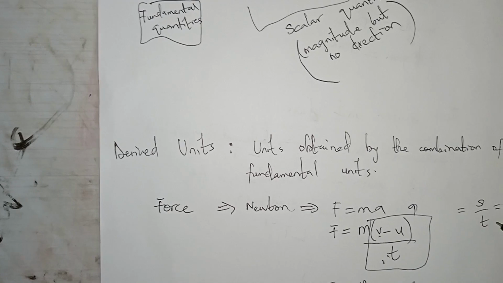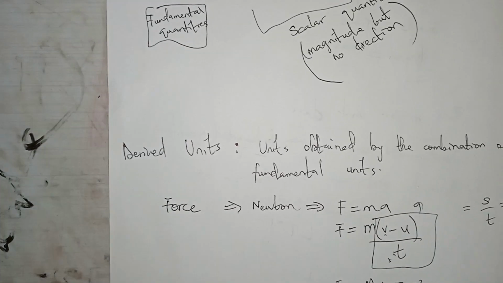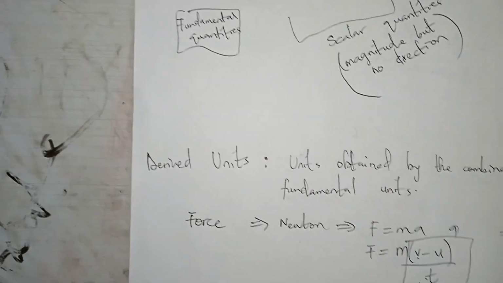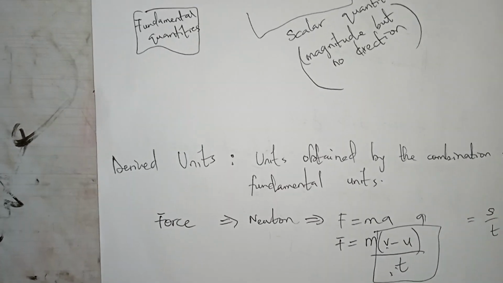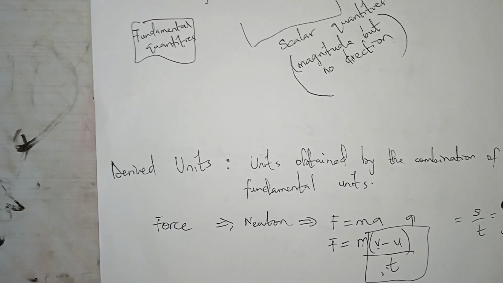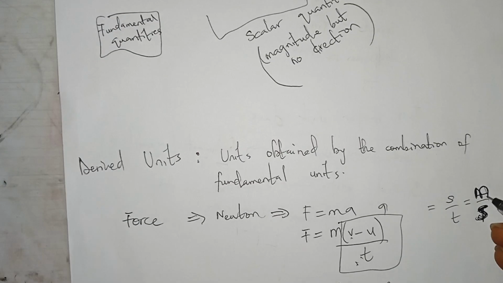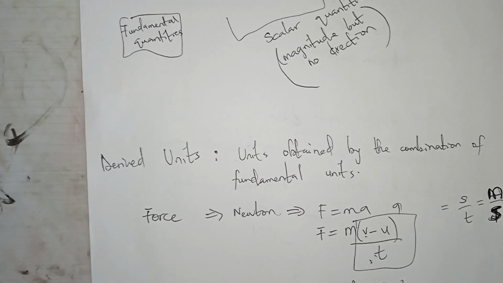But notice that whenever we are trying to get these units, if this is s for t and this is length for displacement, then let me write m here for the units, m/s, for velocity.